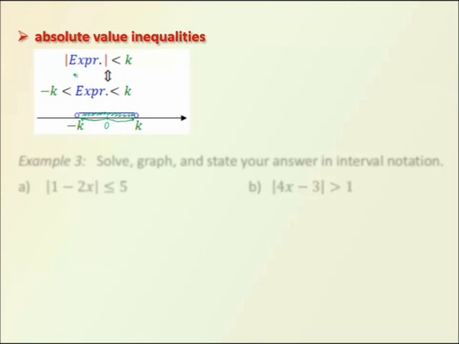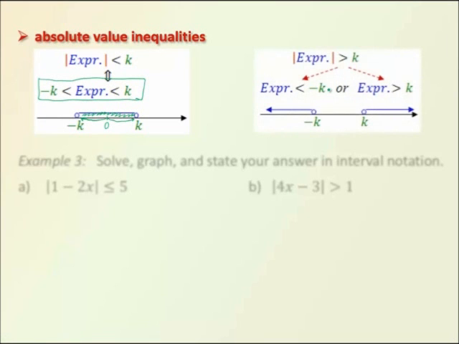Therefore, to drop the absolute value, we rewrite the same expression and then enclose it by negative k and k, as stated here. And then solve it. If you don't have the absolute value, this will involve some sort of variable, usually x, and then you solve the standard way like we showed in the previous slide.